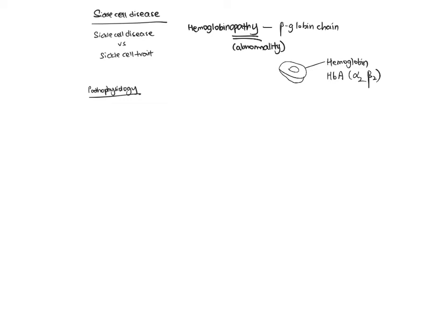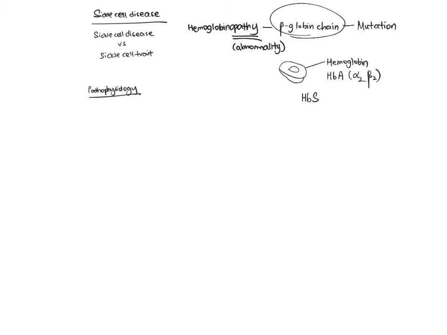In sickle cell anemia, however, there's a production of the hemoglobin S type of globin chain, and that is a mutation in the beta globin chain, like we mentioned before, and that results in the manifestation of sickle cell disease.